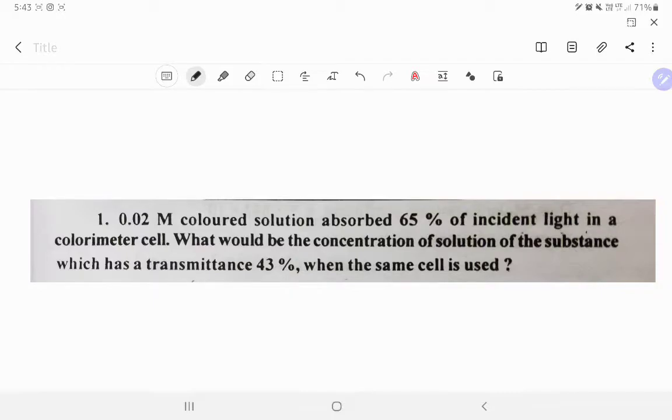Yes, read once more. Concentration of solution is given. One concentration is given. A solution has absorbed 65% of radiation. Okay.